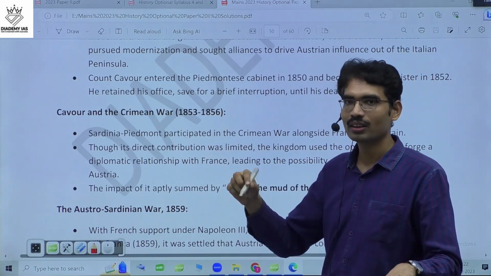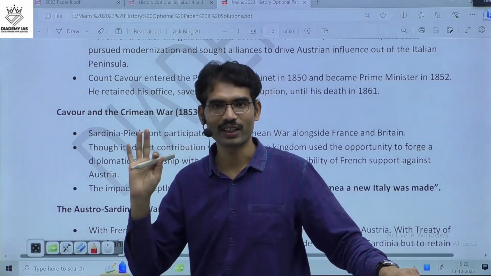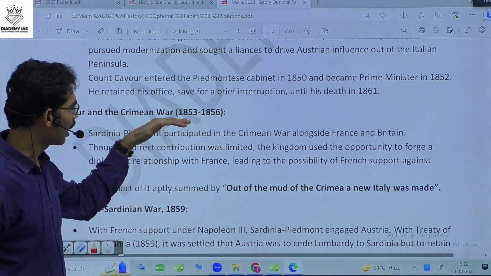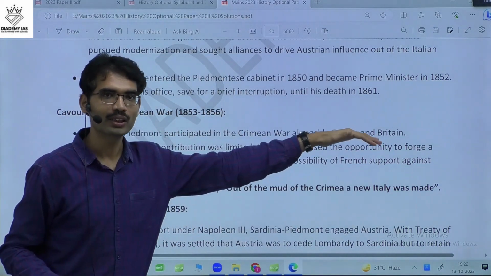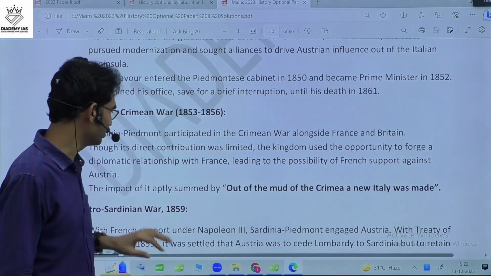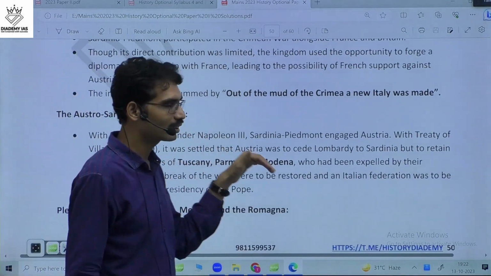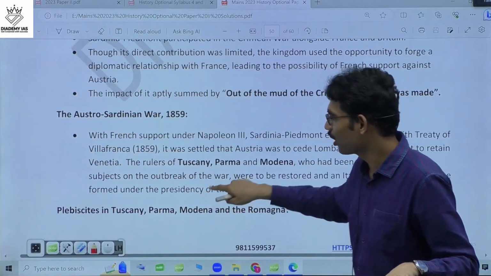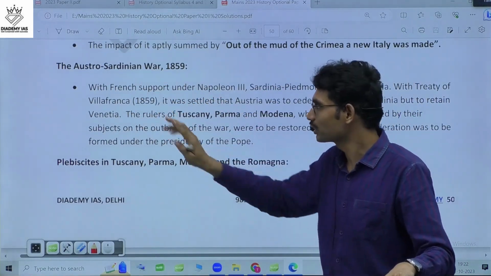During that war, French, British, and Russians were fighting, and Italy supported the French. So after the war, French supported the Italian cause, and because of this, they got some territories from Austria. Austro-Sardinian War in 1859.